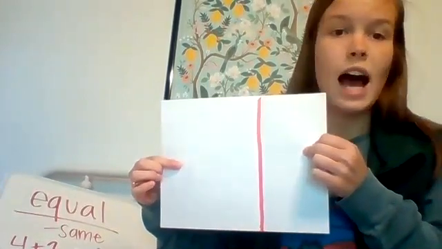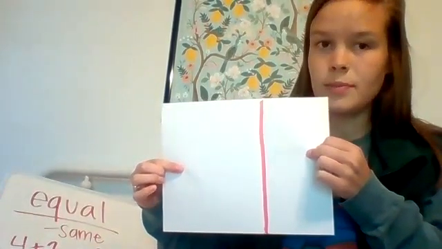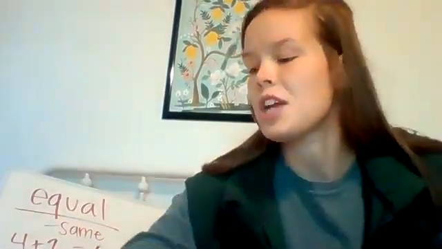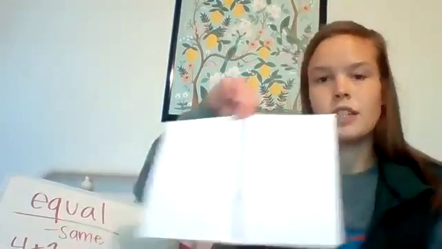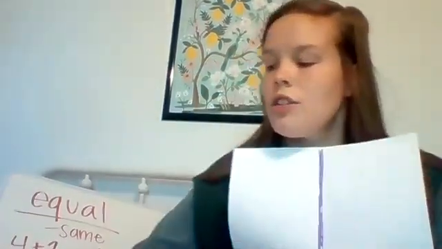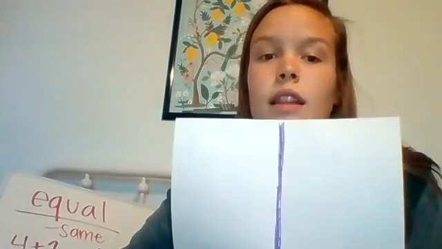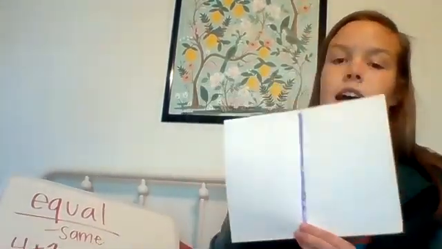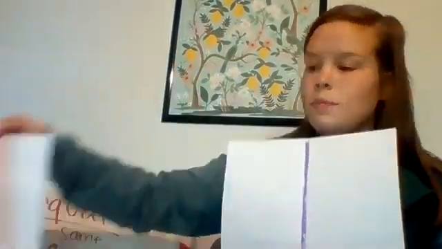So these would not be equal parts. So when we're talking today about putting our shape into 2 equal parts, 3 equal parts, or 4 equal parts, I want us to make sure that we think back to the sheet of paper and making sure that we make an equal line, things being the same size versus not equal.